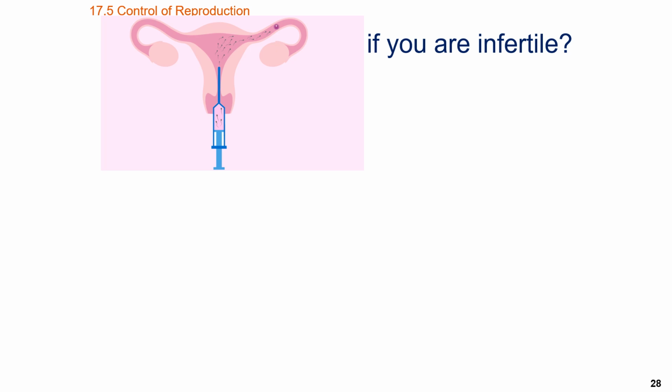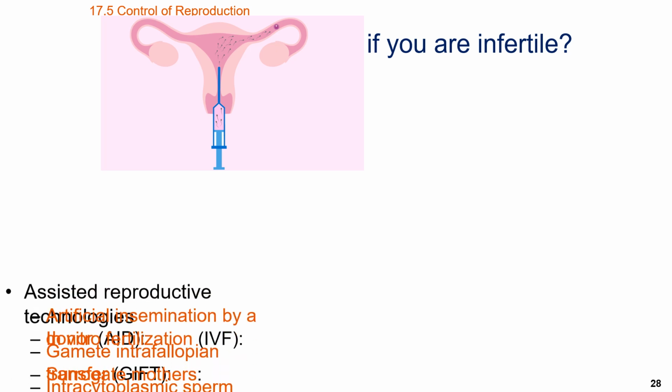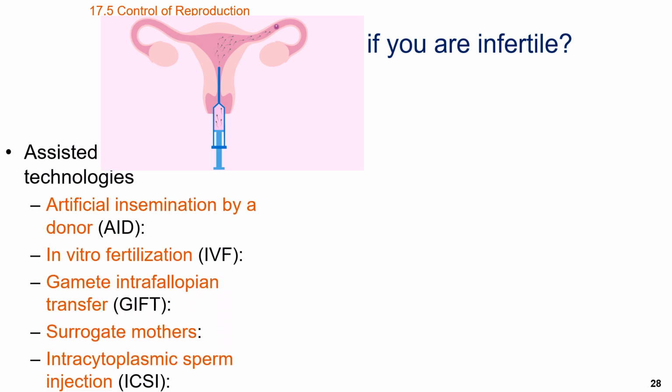Okay, so I have here a few pictures of assisted infertility technologies, for when a normal process could not complete a pregnancy. We have what we call artificial insemination by a donor, which is the first picture you see here. You could see the sperms are being artificially introduced into the female.